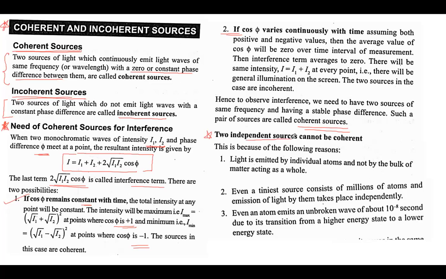Now, two independent sources cannot be coherent. This is because of the following reasons. Light is emitted by individual atoms and not by bulk of matter acting as a whole.